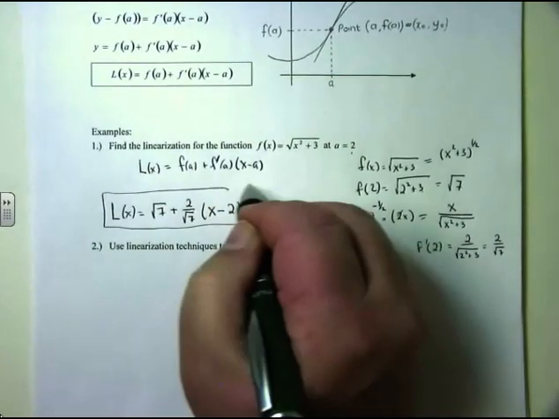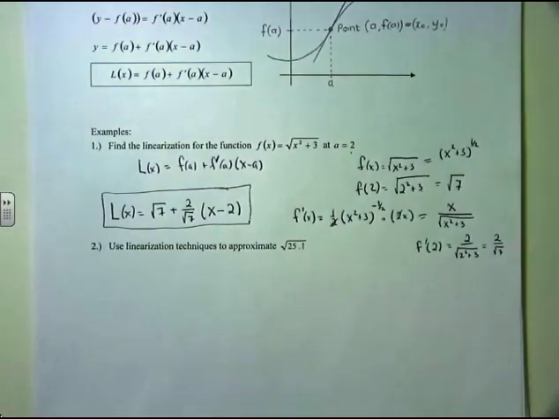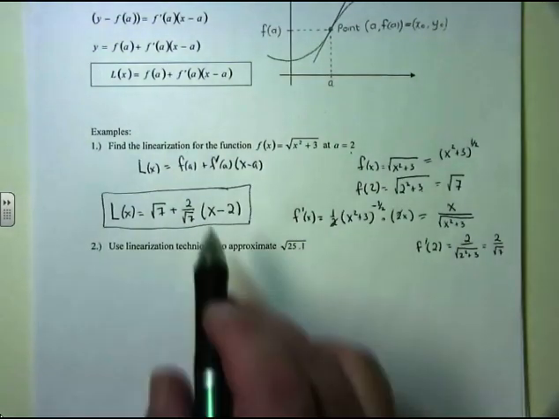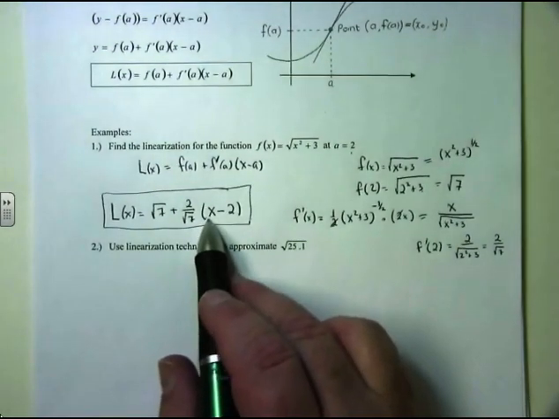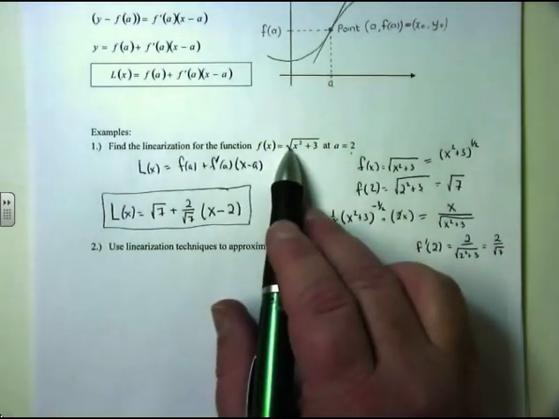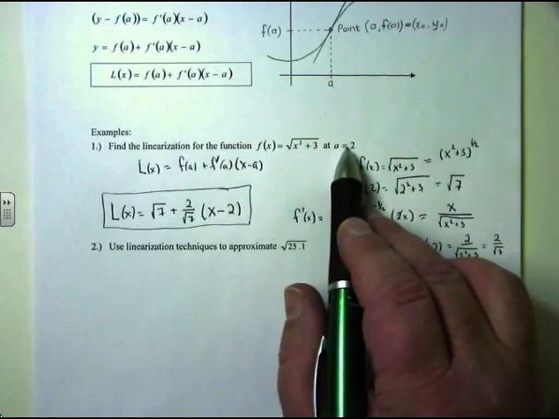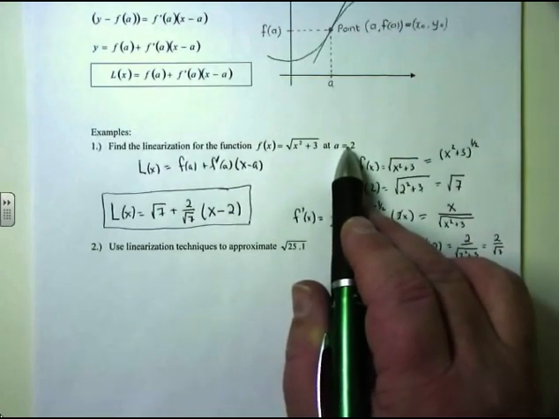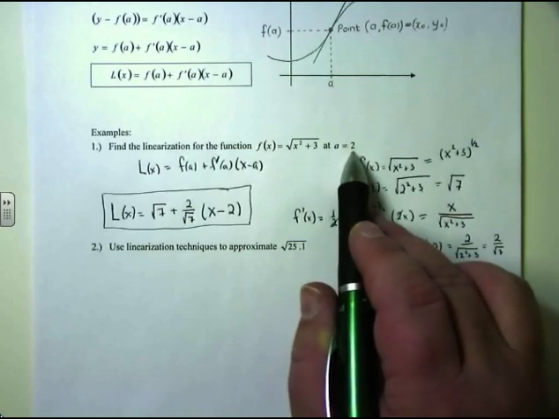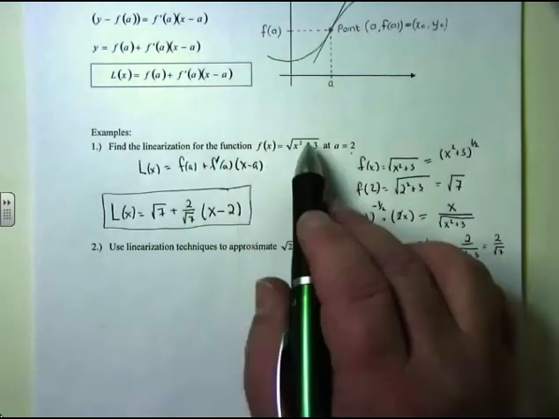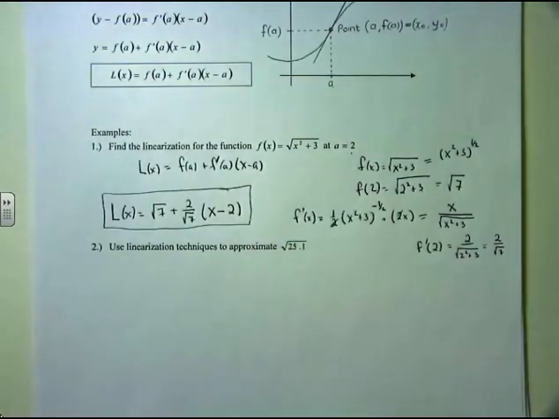Now you can probably go turn these into some decimals, and I probably wouldn't be very nice, but the fact is this is my linearization equation. And usually what we do with a linearization equation is to approximate my function at any points near 2. So I would say, using your linearization equation, what's approximately f of 2.1 going to be equal to? So I would plug 2.1 into my linearization equation instead of my real equation.